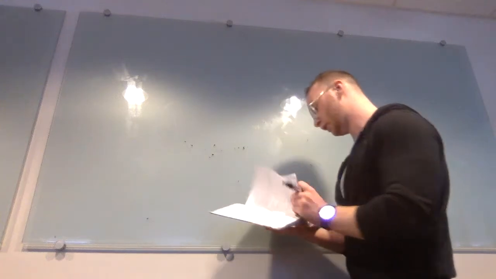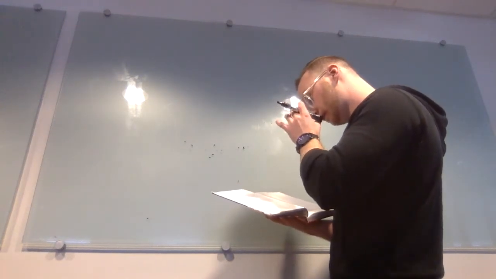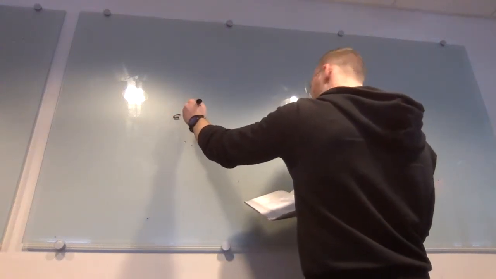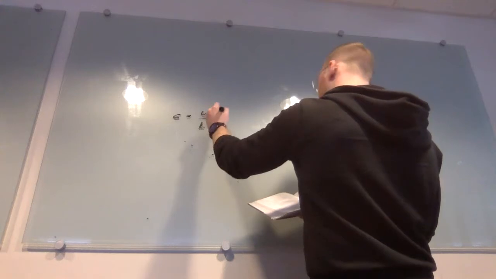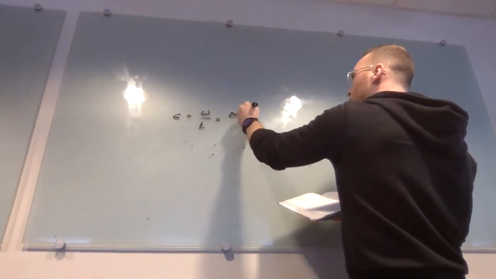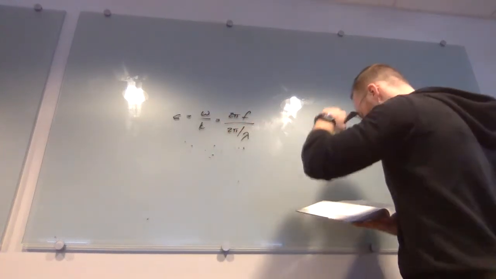All right, so I'll just write a bunch of these on the board and then we can talk about them. So this is for omega over k, which is 2 pi f, which is just this. This is 2 pi over lambda.